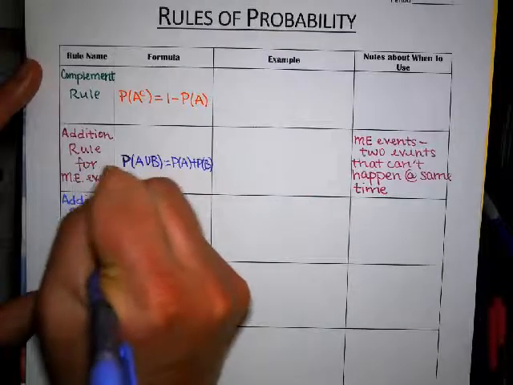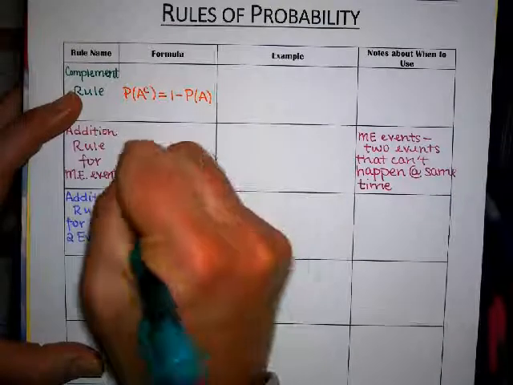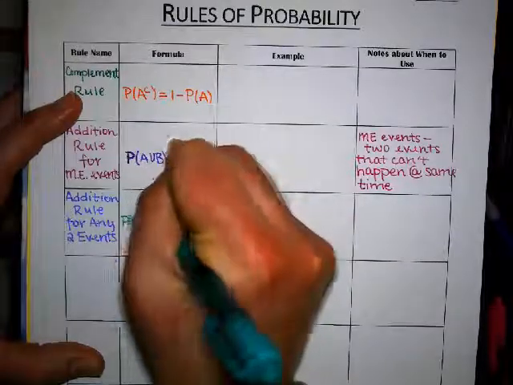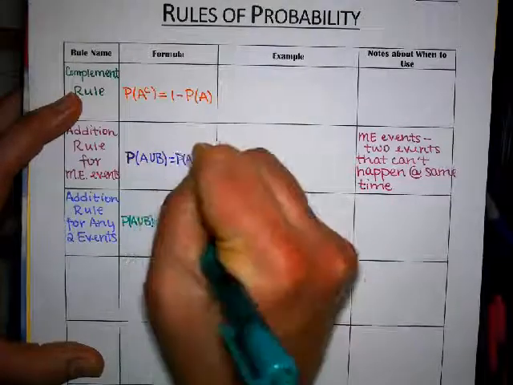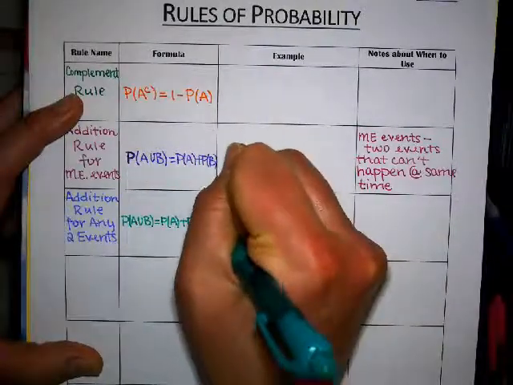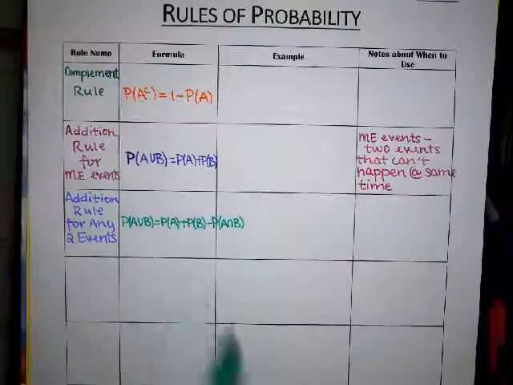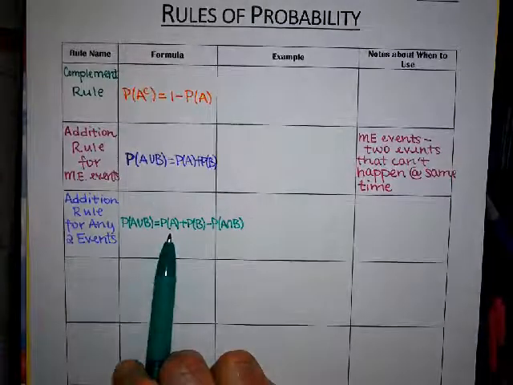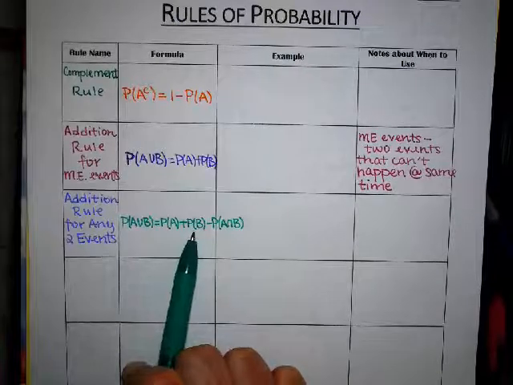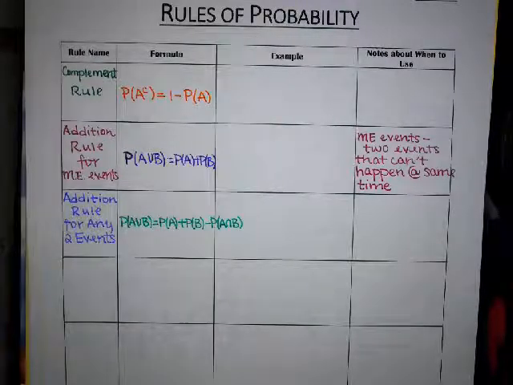And that addition rule told us that we would find the probability of A or B by taking the probability of A plus the probability of B and then subtracting their overlap. Because when we find the probability of A, we're counting the overlap, and when we find the probability of B, we're also counting the stuff in the overlap, so we have to subtract it so we don't count those things twice.